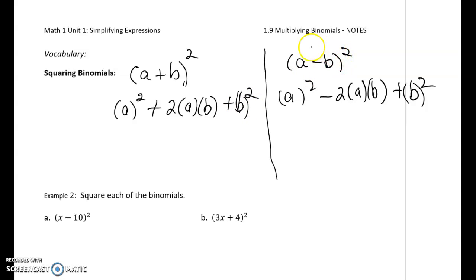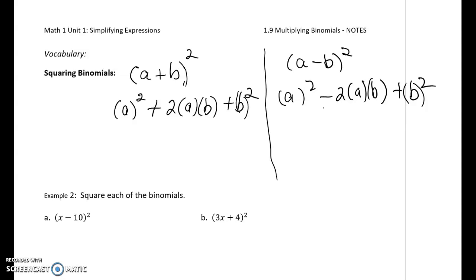When it's the same two terms with a minus sign in between that you're squaring, it's very similar to the first one, the only difference is that you're subtracting 2 times the product of those two terms.